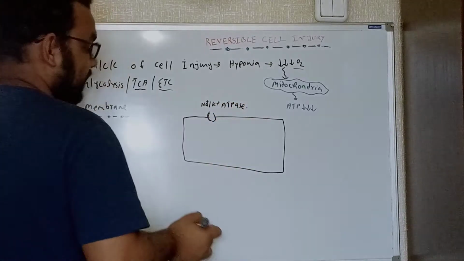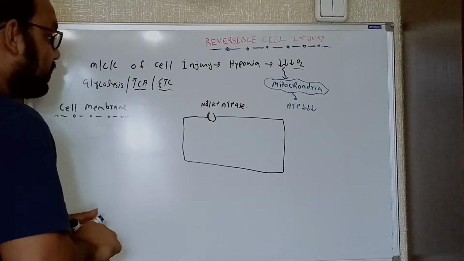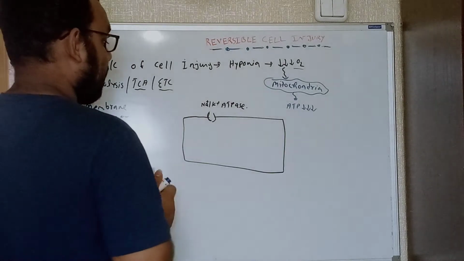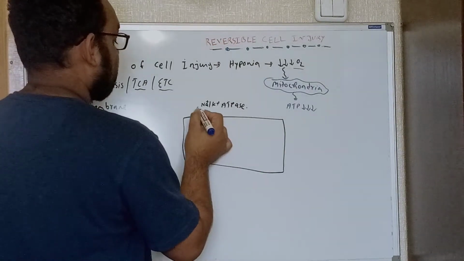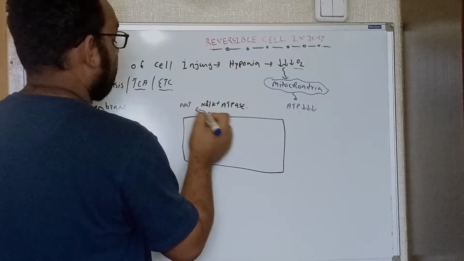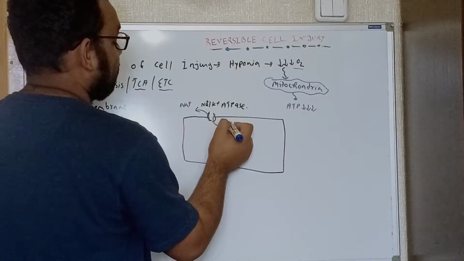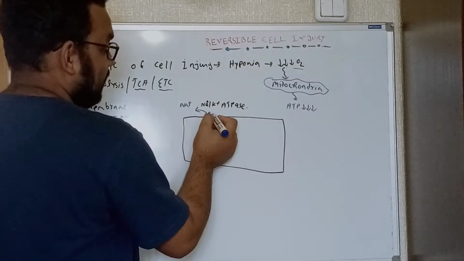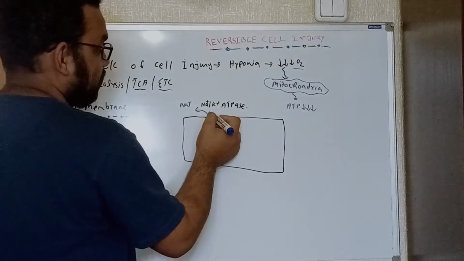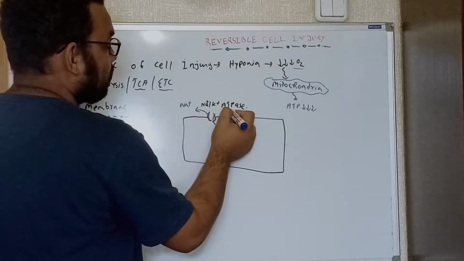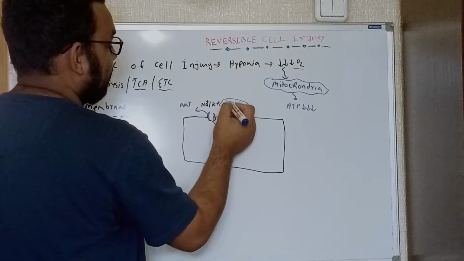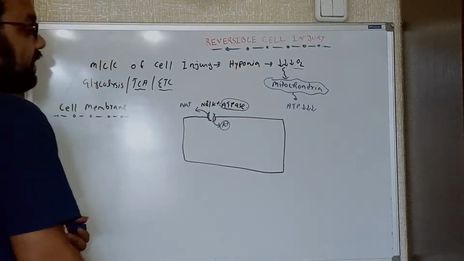Here the sodium is thrown out of the cell and the potassium is taken within the cell. But to conduct this process, we need the utilization of ATP.